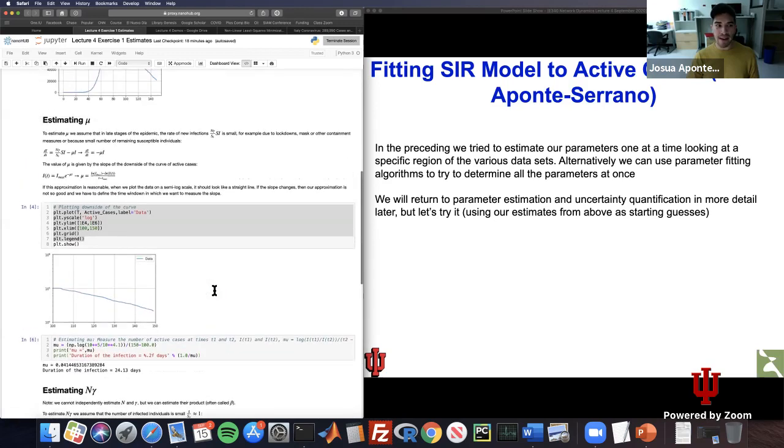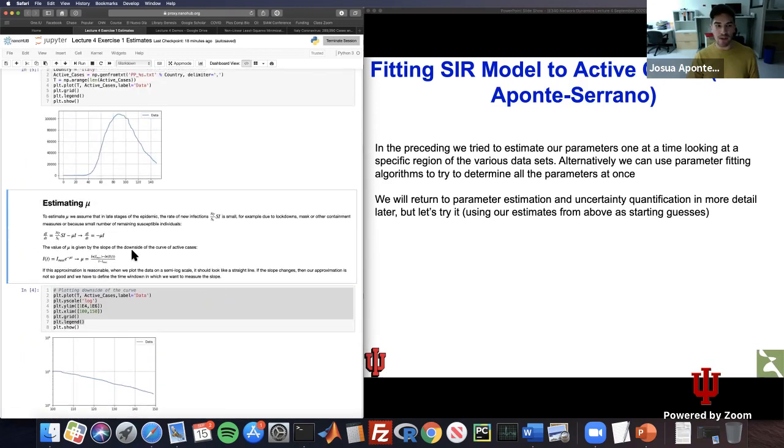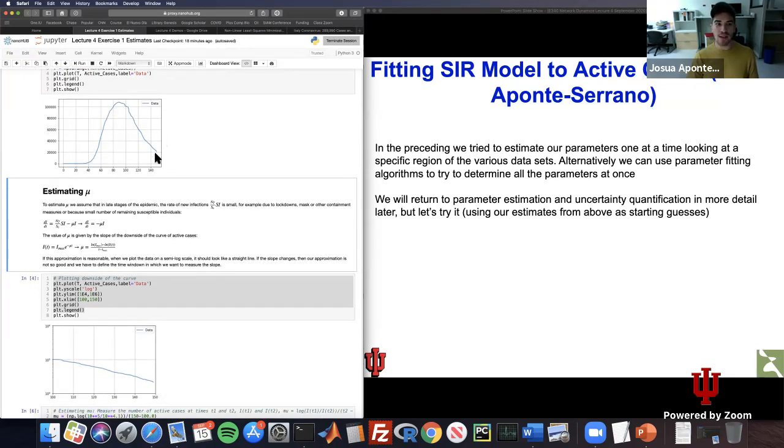So I think the 2 takeaways from this is that to estimate the parameters, we're making 2 assumptions, right? We're making the assumption that at the end of the infection, the rate of new infections is small, and that allows us to estimate mu.